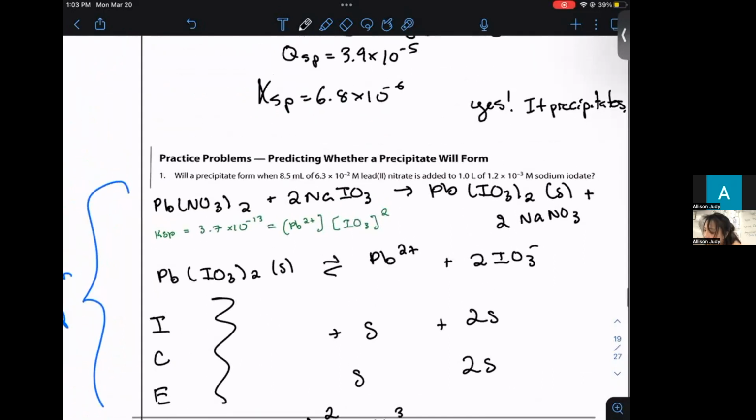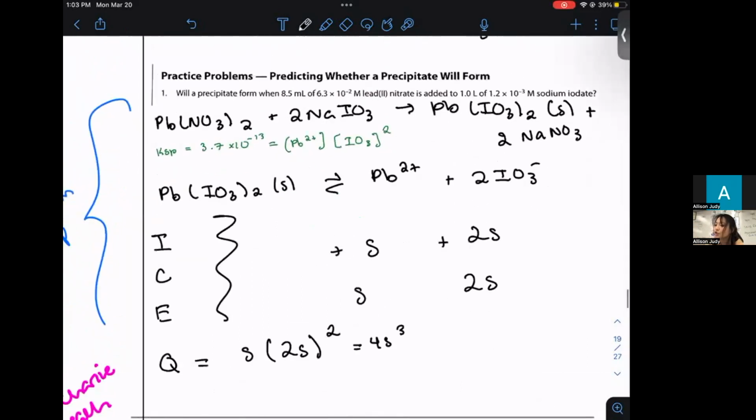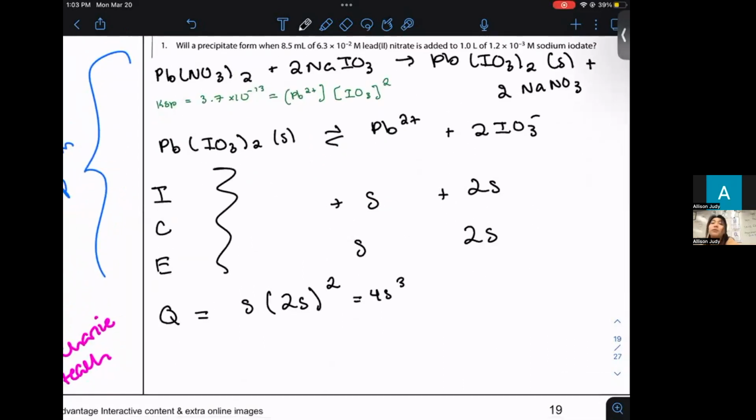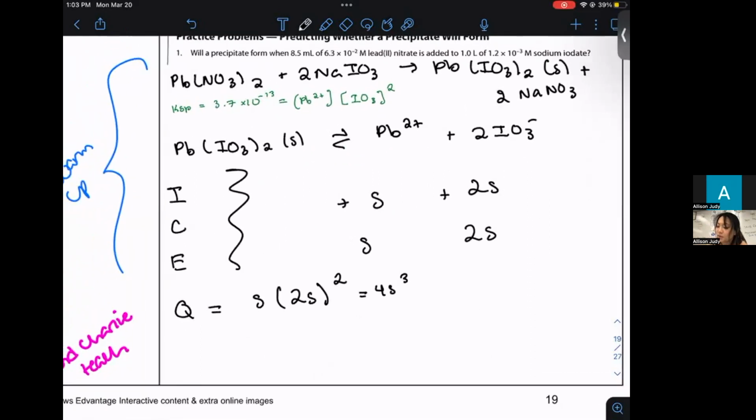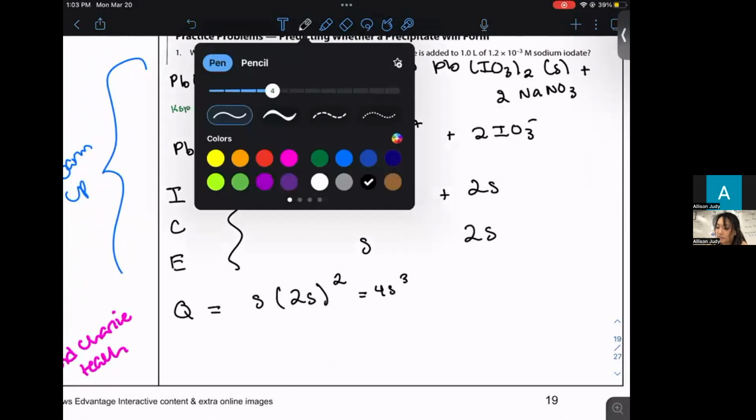You do have a given amount of original concentration. So 8.5 milliliters times 6.3 times 10 to the negative 2 molarity gives me an initial molarity of what for my Pb(IO3)2? What was the initial molarity at the beginning?